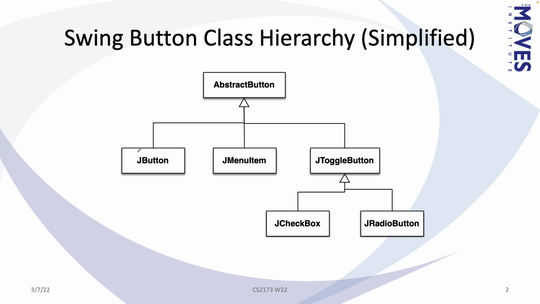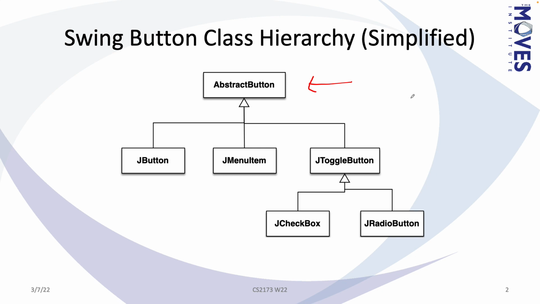But we can kind of look at what's going on here. And the important thing is that at the very top of the button piece of this is something called AbstractButton.